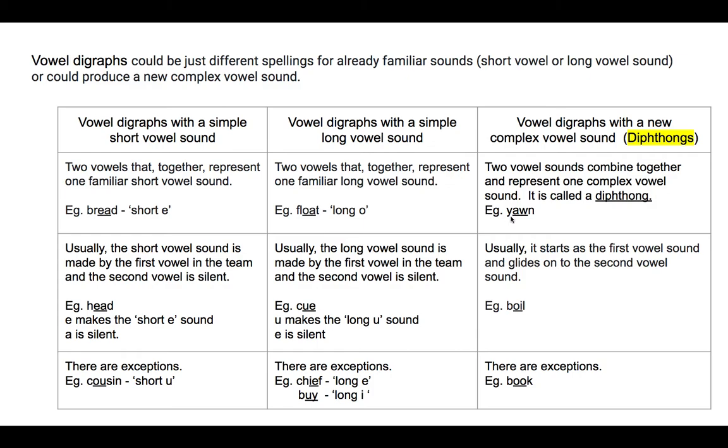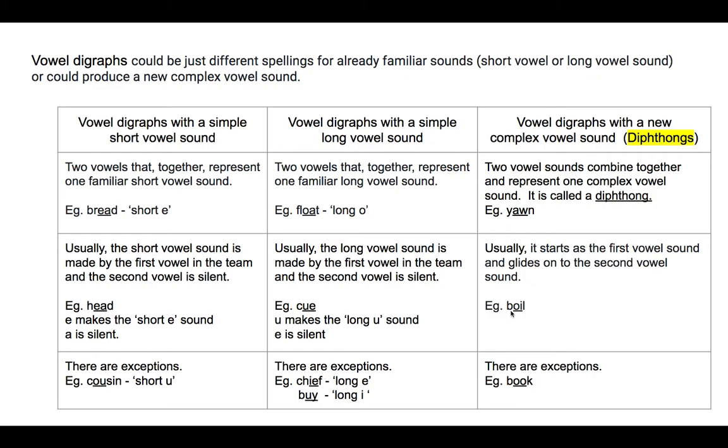For example, yawn, y, aw, n. Here the letters A and W produce the sound aw. It is a combination of the two vowel sounds. Usually it starts as the first vowel sound and glides on to the second vowel sound.